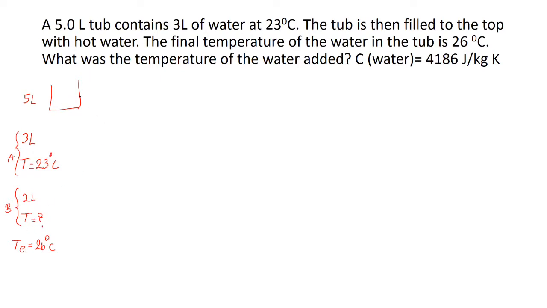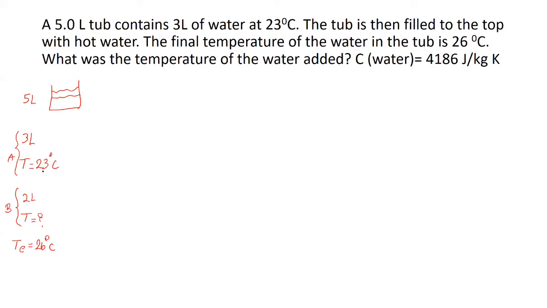So let's say we added some water, and on top of that we added hot water, and then they mixed and they got to the point that is thermal equilibrium. So it means hot water is losing heat energy, and cold water is gaining energy.